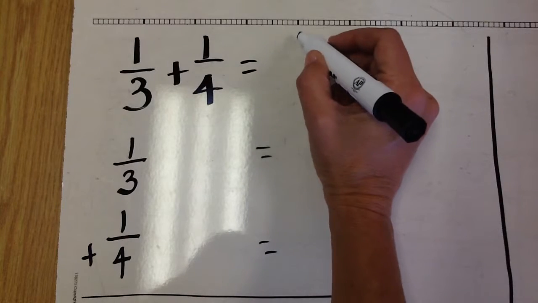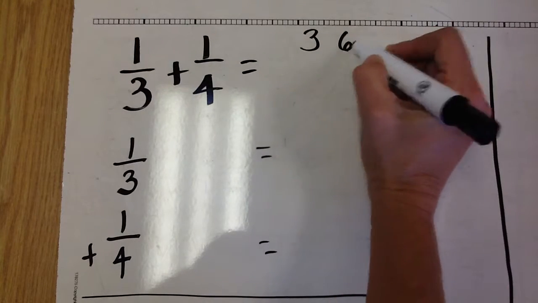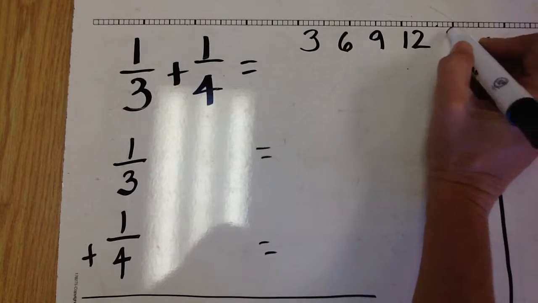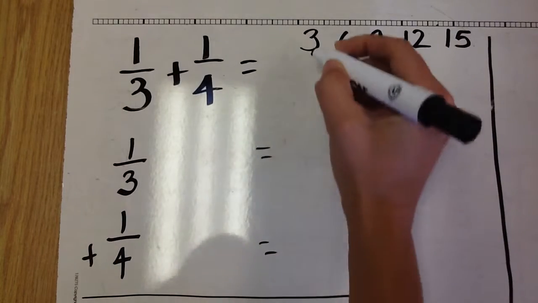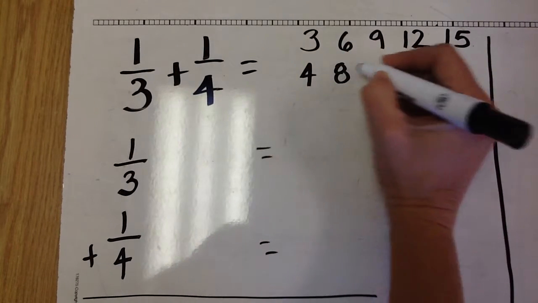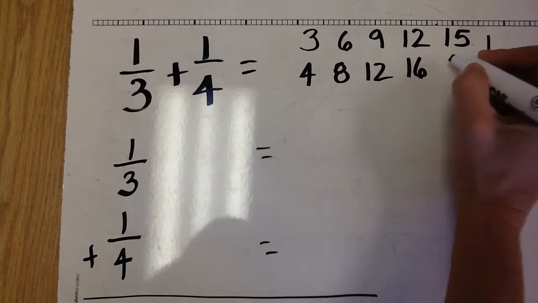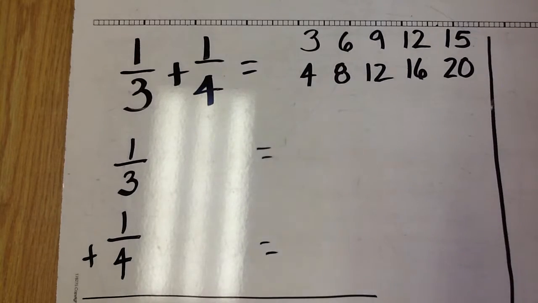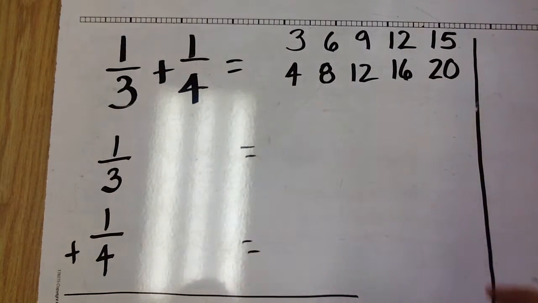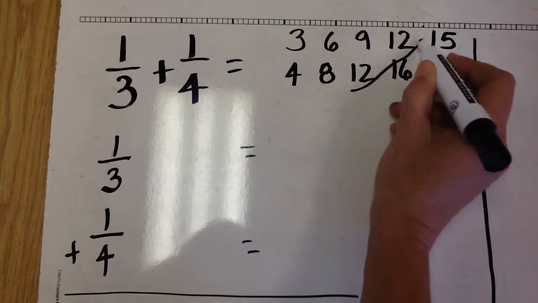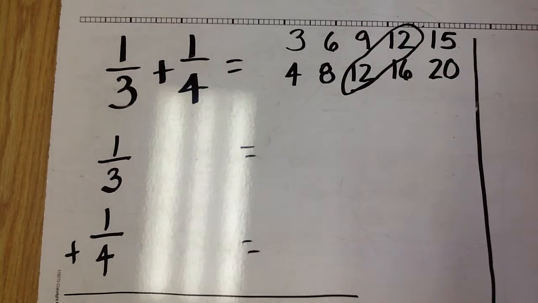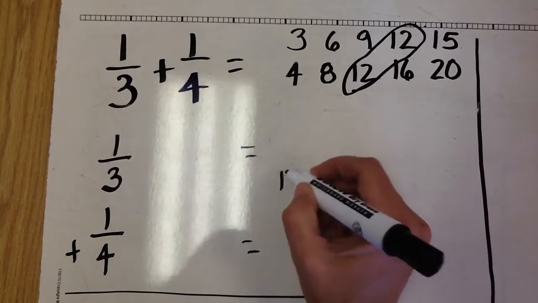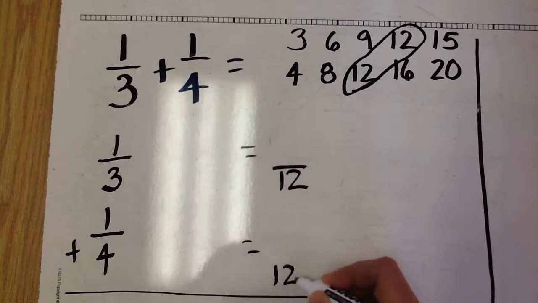So up here, if I count by 3s, 3, 6, 9, 12, 15. And if I count by 4s, 4, 8, 12, 16, 20. So if I look at these multiples, I can quickly see that 12 is a common multiple of 3 and 4. So 12 would be my common denominator.